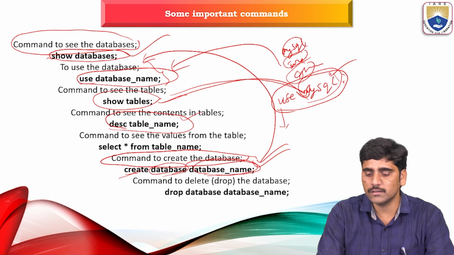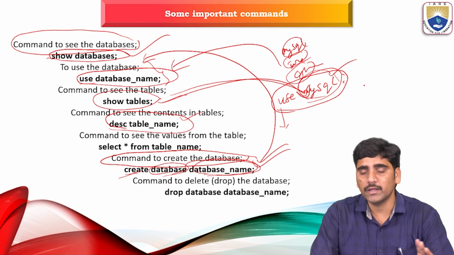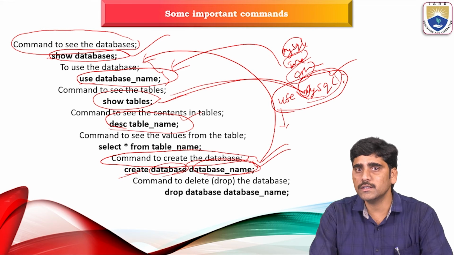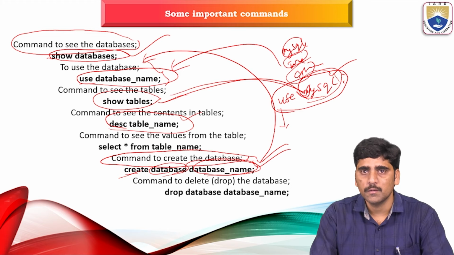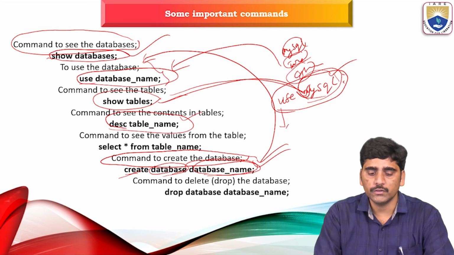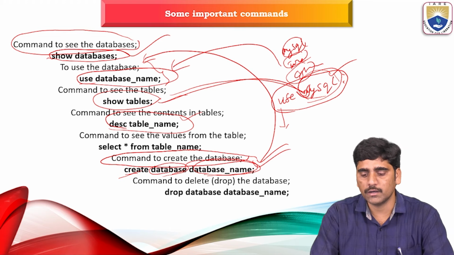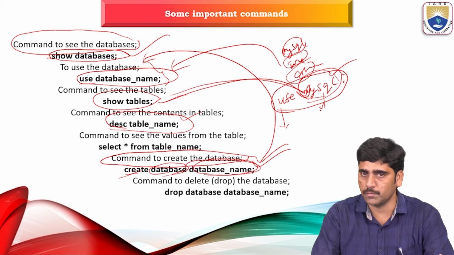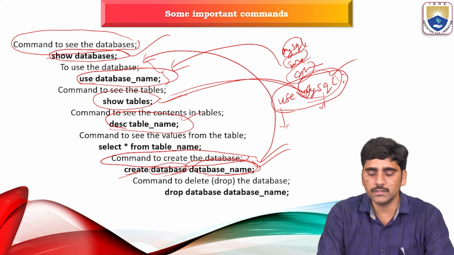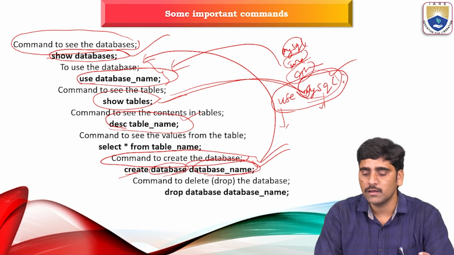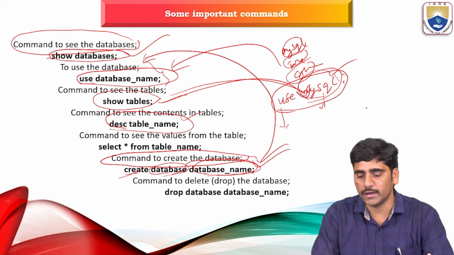The MySQL database contains tables, so if you want to see a particular table's description, you type DESC space table name. Then it will display the description of the table content.